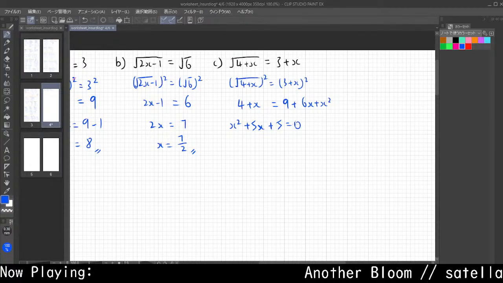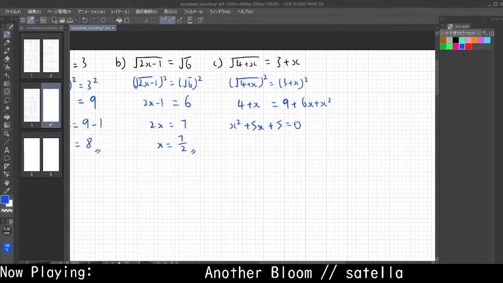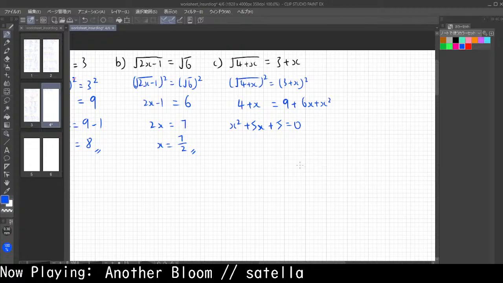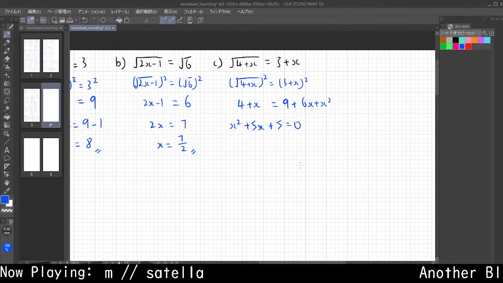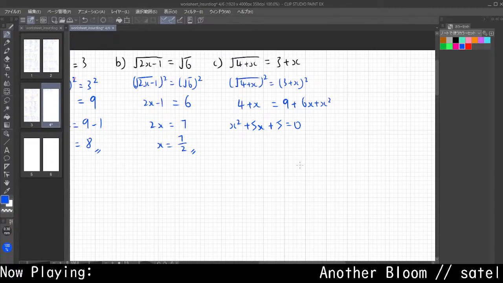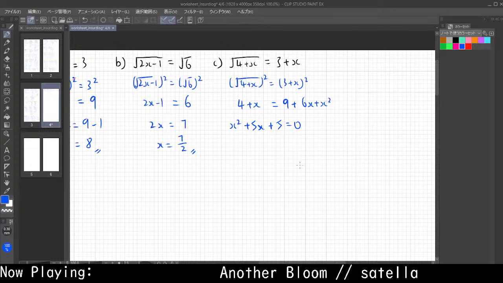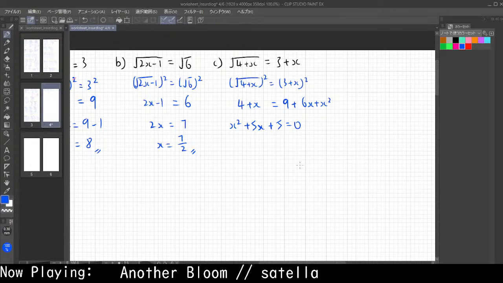So plus 4 minus 4, x minus x minus, and yeah, x squared plus 5x plus 5. If you put this into a calculator, you will see that there is an answer. Yeah, I'm just trying to mentally calculate this. Oh yeah, there's an answer actually.